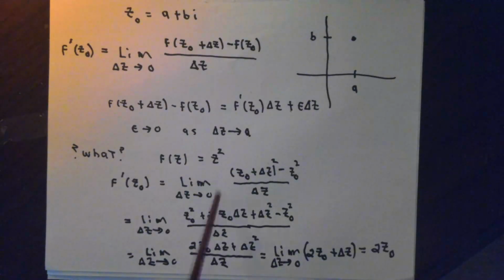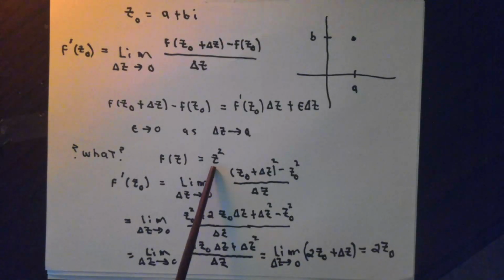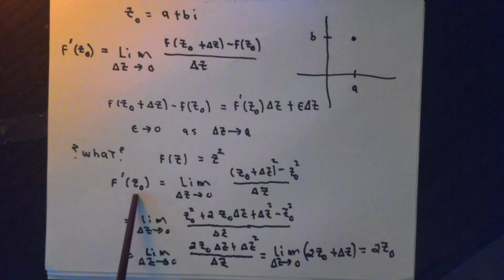The derivative of z squared is 2 times z. Evaluate that at z0: 2 times z0.